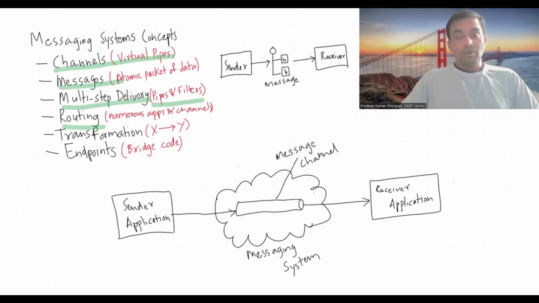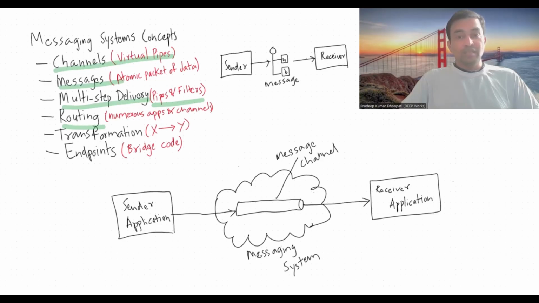So, how will a sender and the intended receiver make sure that the right data is received? That is based on routing. Routing is an intermediate step where it will create pipes and filters in between the sender and receiver in a large enterprise.